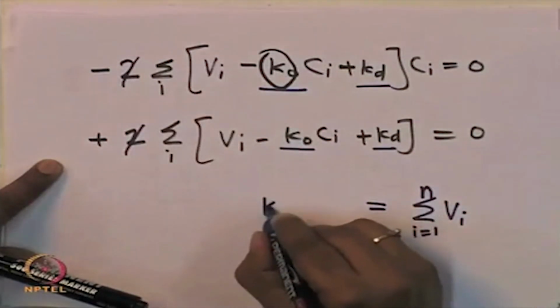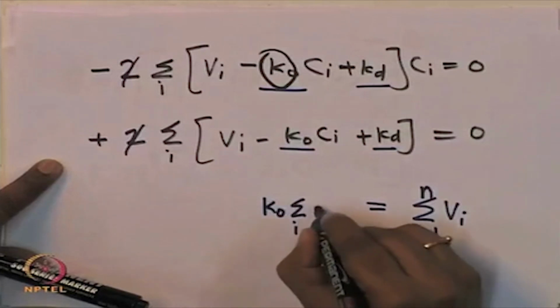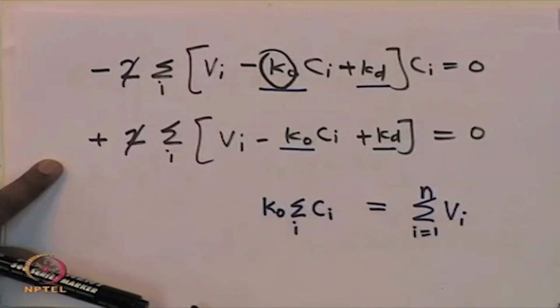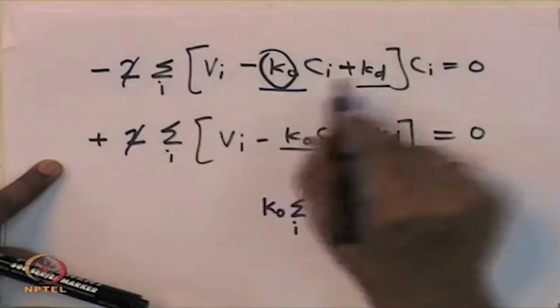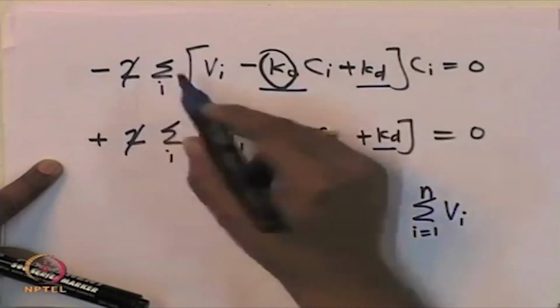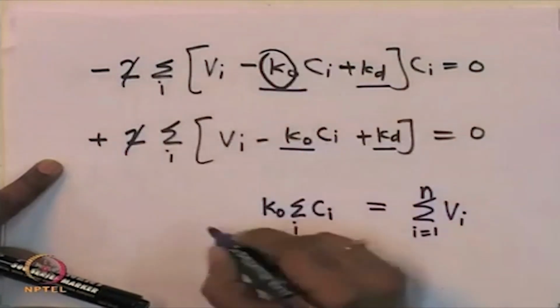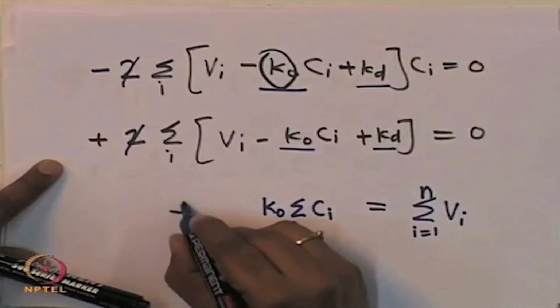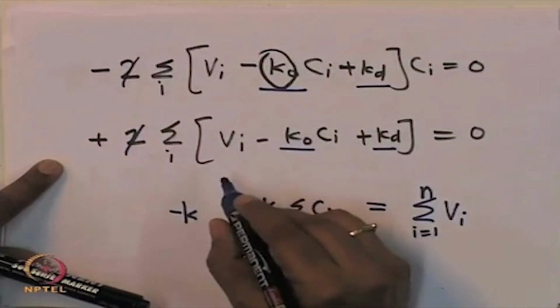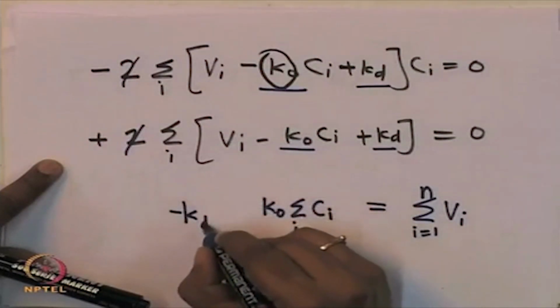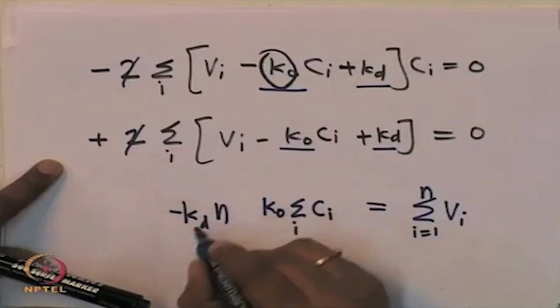So there is K 0 into sum over I C I, and K D into sum over I, this is a sum over n terms. So sum over I up to n is n. So we have minus K D times n.